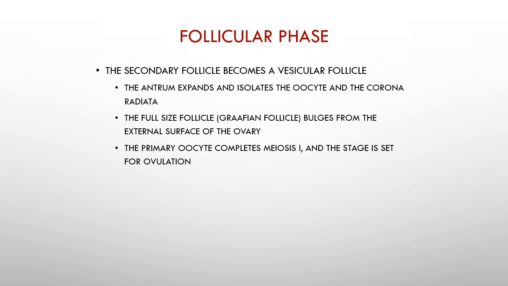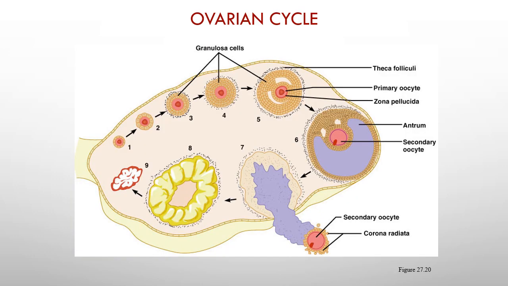The fully developed follicle is then moving towards the epithelial surface of the ovary, and at day 14, it's going to rupture. The oocyte itself has completed meiosis 1, and it's now stuck in meiosis II, waiting to be fertilized before it's going to continue on.